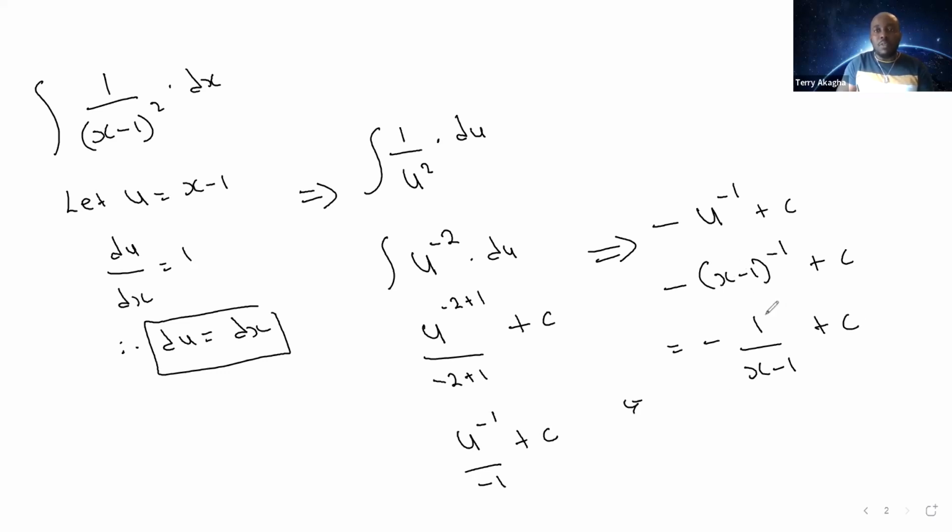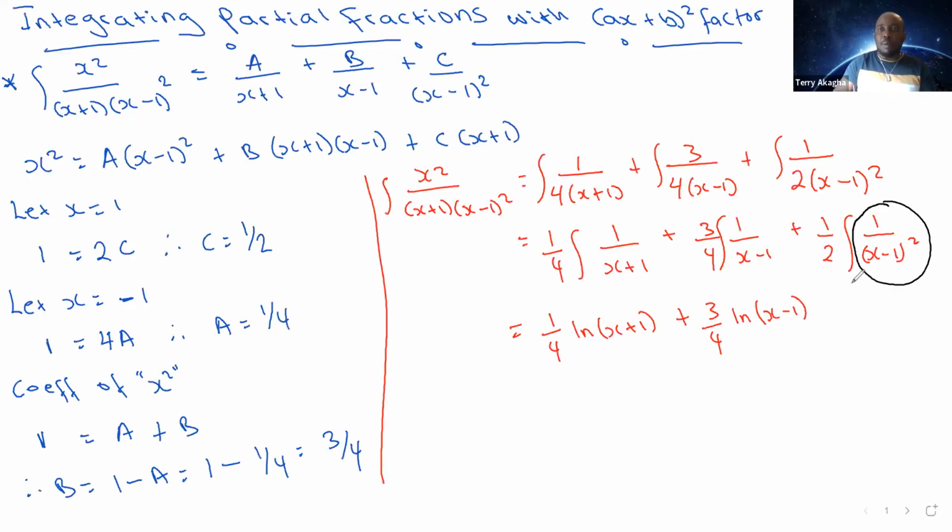So that means we're going to substitute this now back into the equation. When you substitute this, it's going to give you plus 1 over 2 into bracket minus 1 over x minus 1.